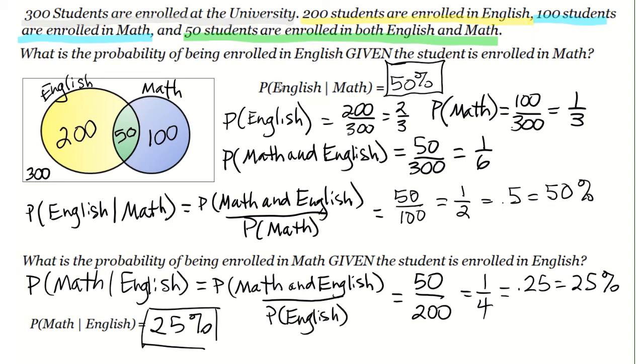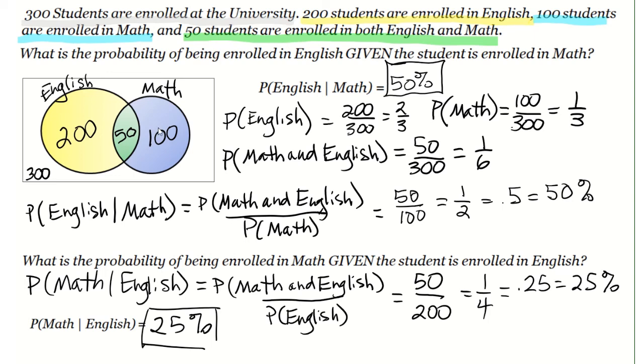So we took the probability of the intersection where we have both math and English, which was the 50, that's in my green intersection, and divided it by the probability of being enrolled in math, which was 100, which is in my blue circle. And that gave me a 50% probability that if a student is enrolled in math, they will also be enrolled in English.